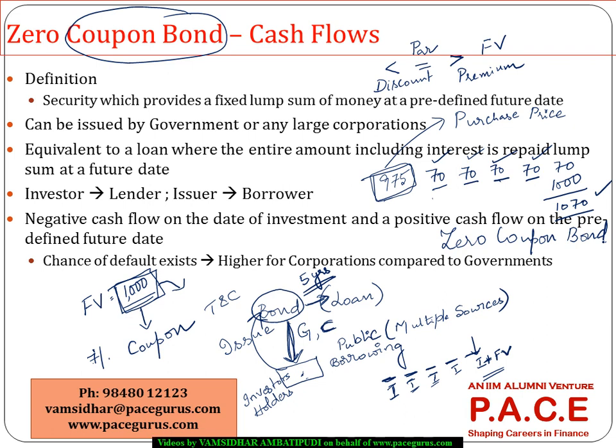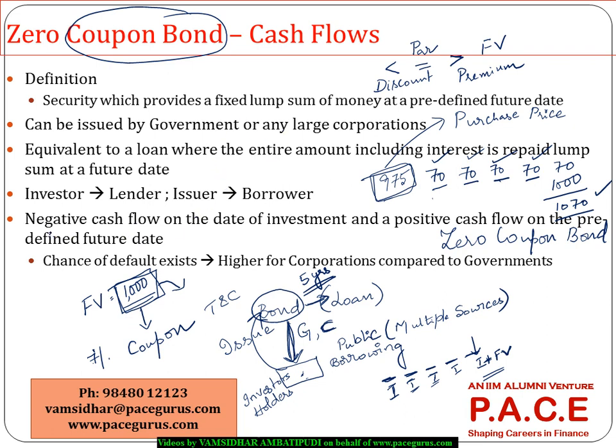So there is one cash outflow on the investment date, which is the invested amount, and one cash inflow on the maturity date. No intermediate cash flows at all. So it's as good as a loan where the entire loan amount along with the included interest is paid on the maturity date itself. No in between interest payments.